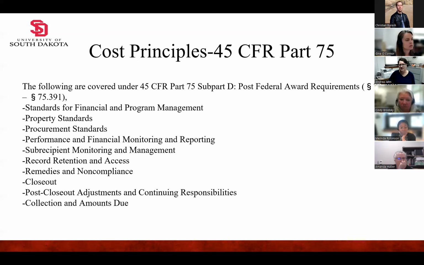The next slide just gives a list of things that are covered under the 45 CFR Part 75. This is post-federal award requirements. Property standards might be like if you had purchased real property or equipment, a vehicle; we have to report on those things. So it's important to keep track of these expenditures, but also we will need to report later on those expenditures.